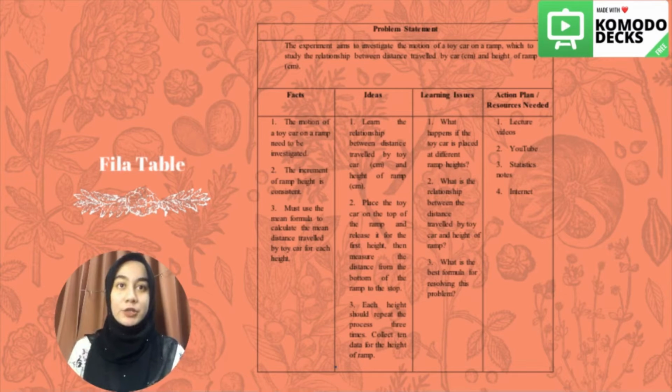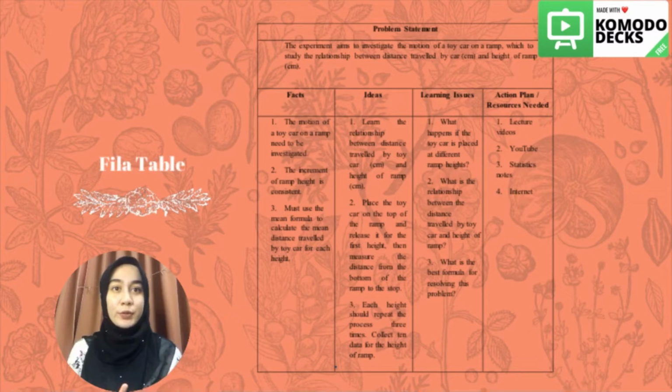Next, learning issues. First, what happens if the toy car is placed at a different ramp height? Number 2, what is the relationship between the distance traveled by toy car and the height of the ramp?